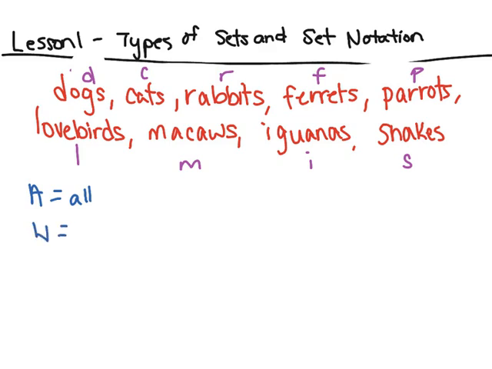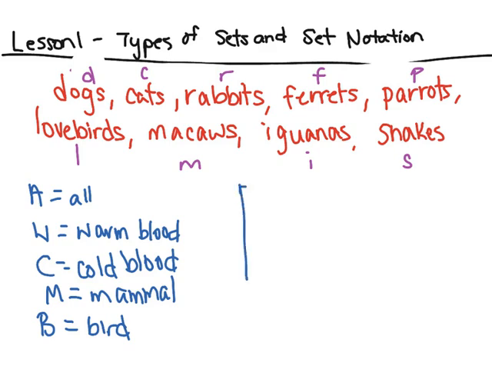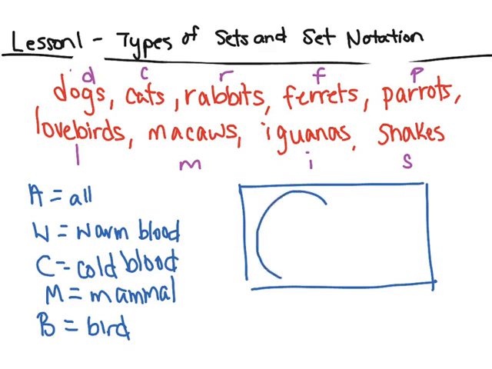We're going to separate it by warm-blooded and cold-blooded. And also if it's a mammal or a bird. So if we were to write this as a Venn diagram, we would have warm-blooded and cold-blooded.